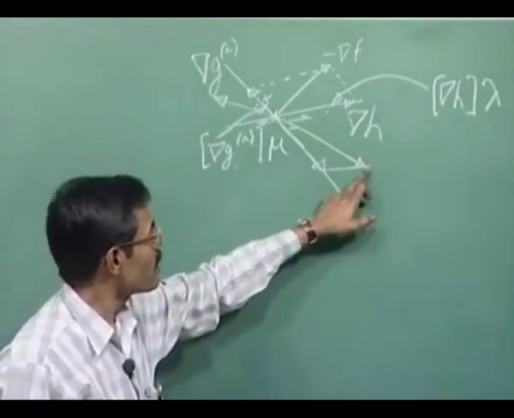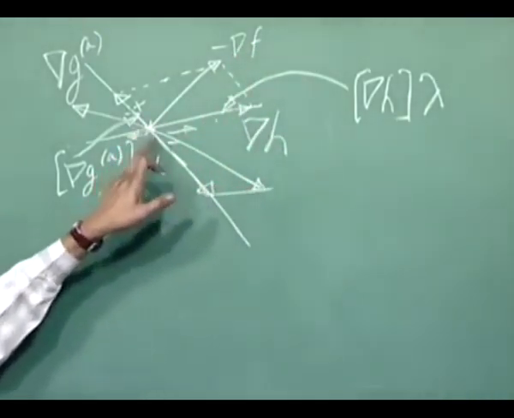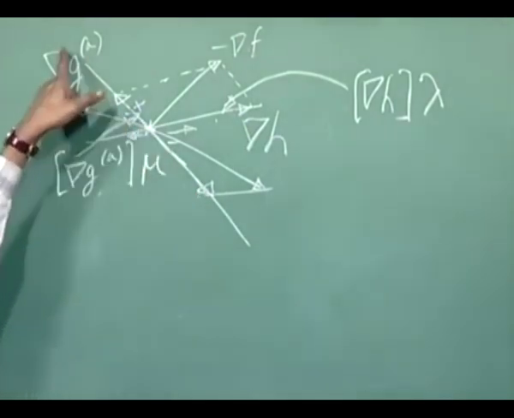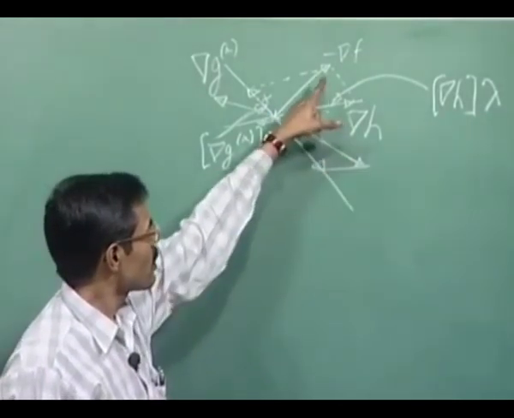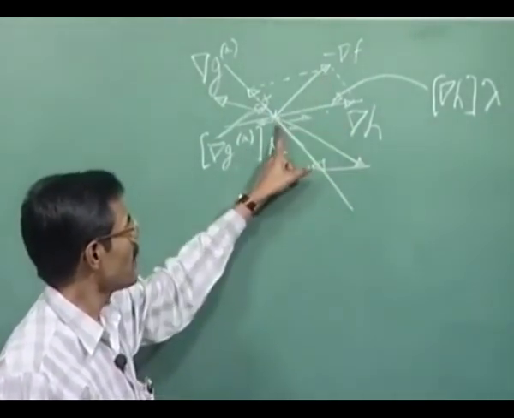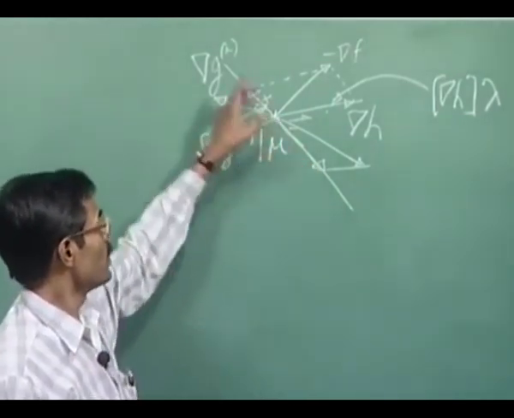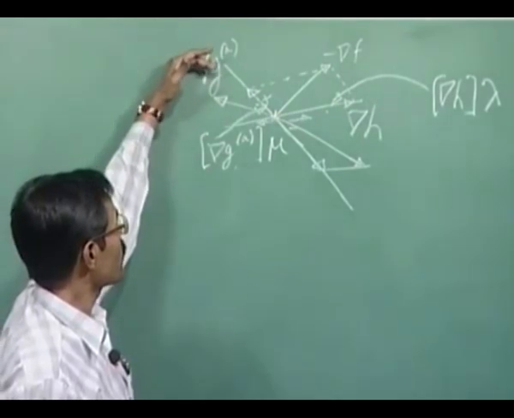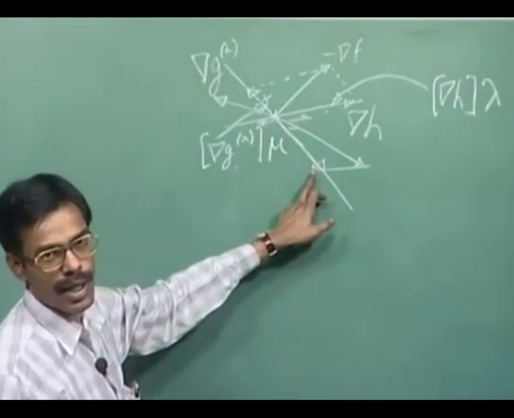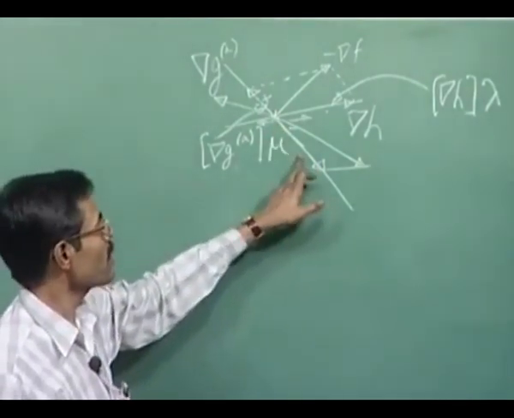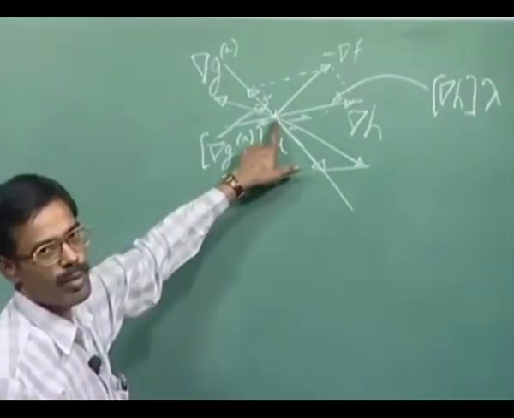So if negative gradient of the function, minus grad f, has a component in this direction, that is has a negative component along grad g, then this point cannot be local minimum, because along this direction function could be decreased, and if this is a direction which is in the direction of negative gradient of g as well, that means it is feasible. That means this direction will be a feasible direction and descent direction at the same time, a feasible direction in which the function value can be decreased. So if that happens, then this point cannot be a local minimum.